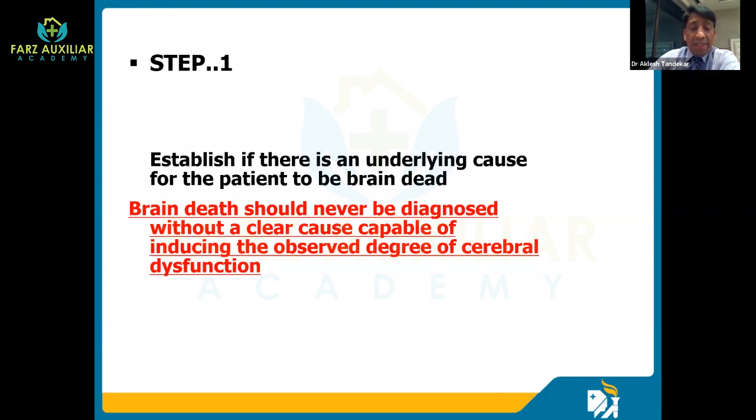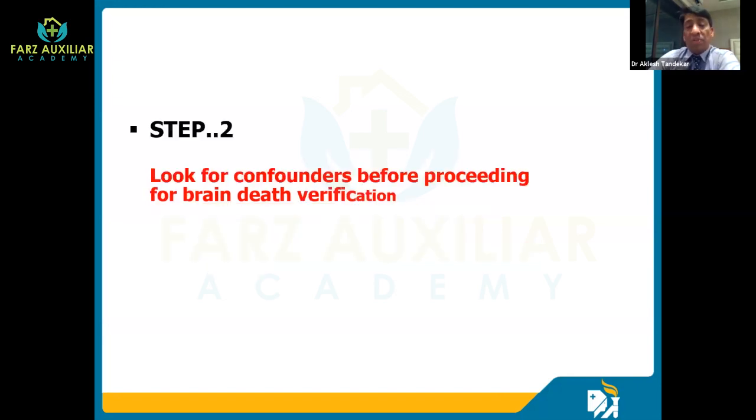So there is an observed degree of cerebral dysfunction or loss of cerebral function. Once the primary pathology or problem which has led to loss of cerebral function is documented, then we can proceed for identification of brain death.